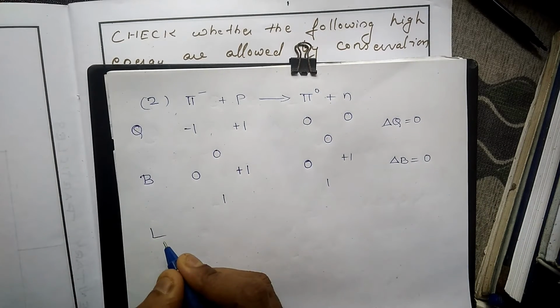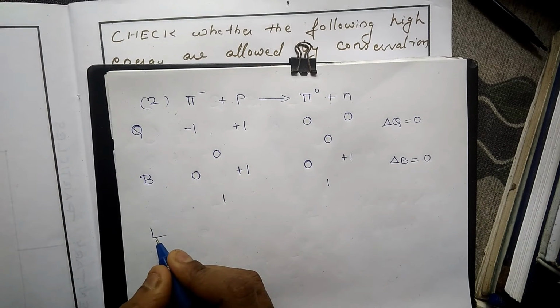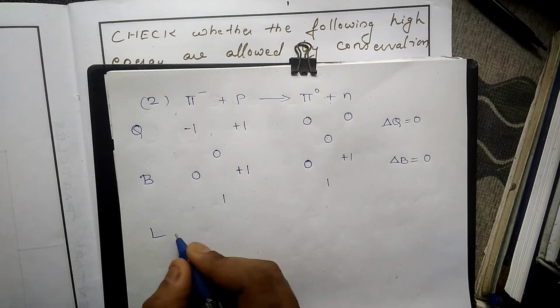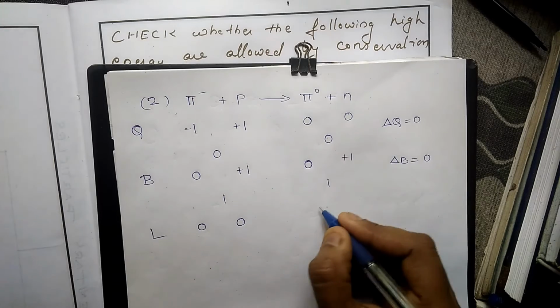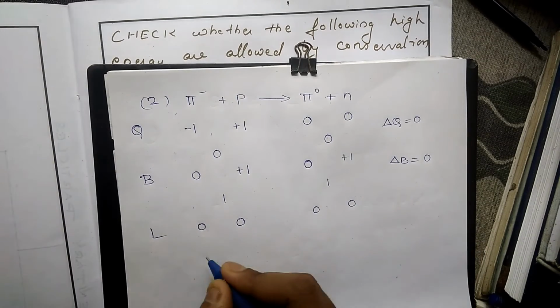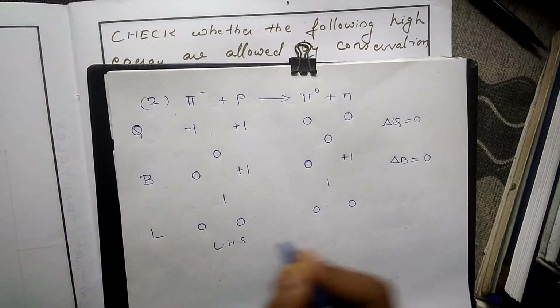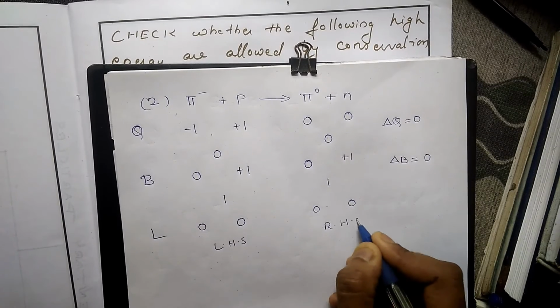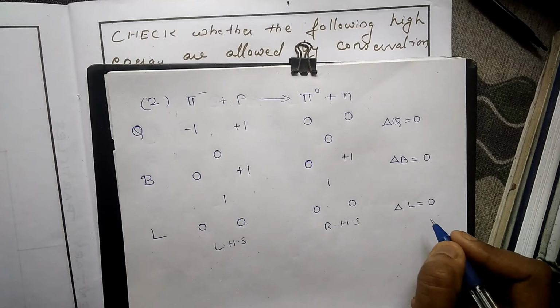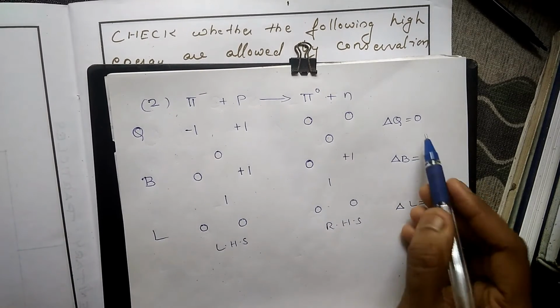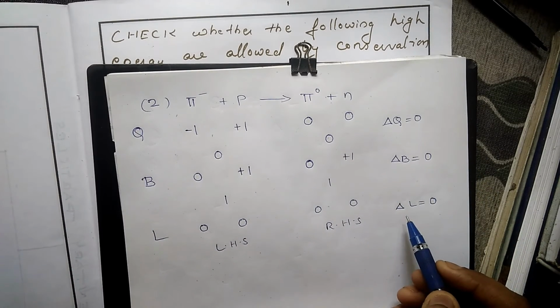Then next is lepton number. Leptons are not here, so 0, 0, LHS is equal to RHS. Delta L is equal to 0. For this question, we can say that this is allowed.